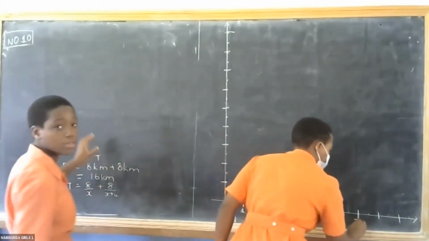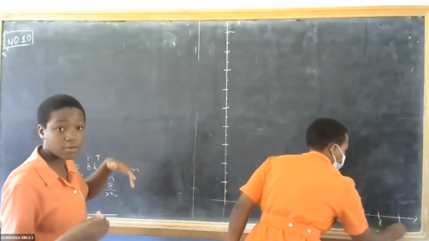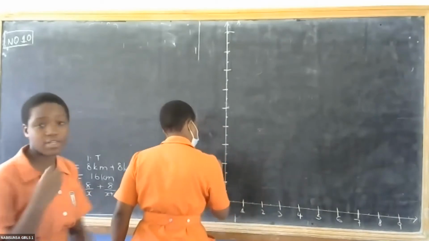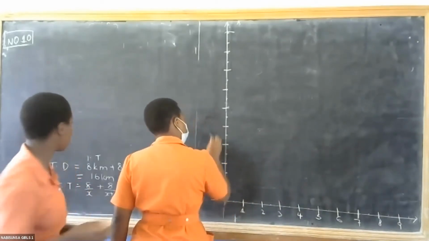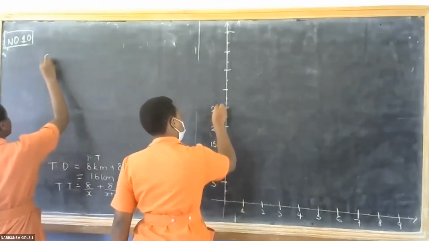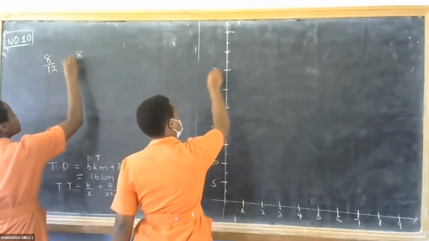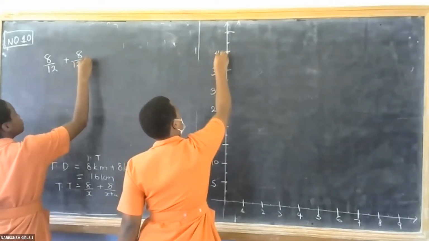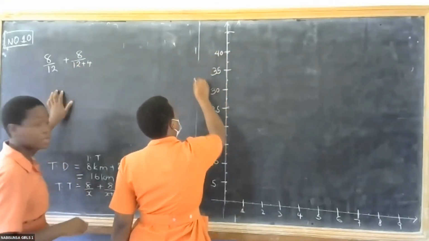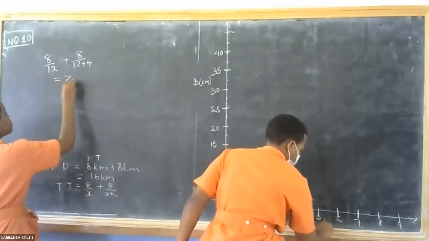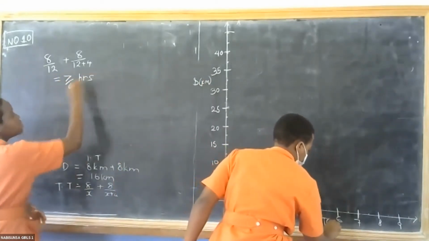This was the essence of us taking the root, because at this point you have to substitute in the x. If it had been negative, it would have made your answer wrong. So that will be 8 out of the root plus 8 out of the root plus 4, and this will give you the total time taken as 7 out of 6 hours.